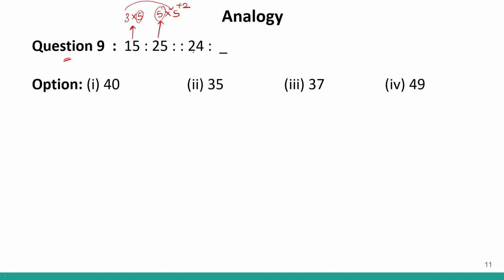So for 24, 24 can be written as 6 into 4, right? And it can also be written as 8 into 3. If it is written as 6 into 4, now 2 possibilities arise. First is we are taking 6 common.